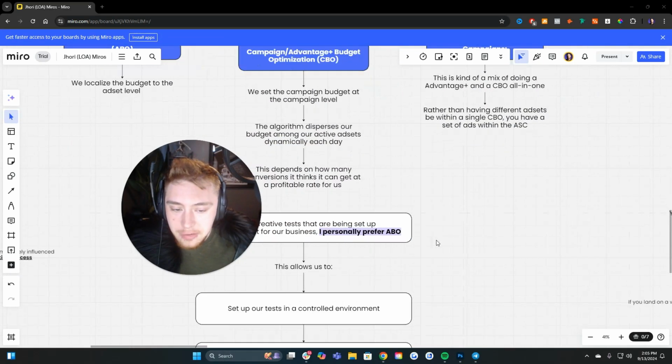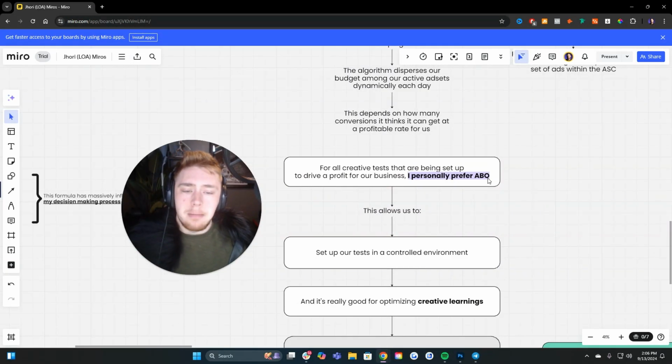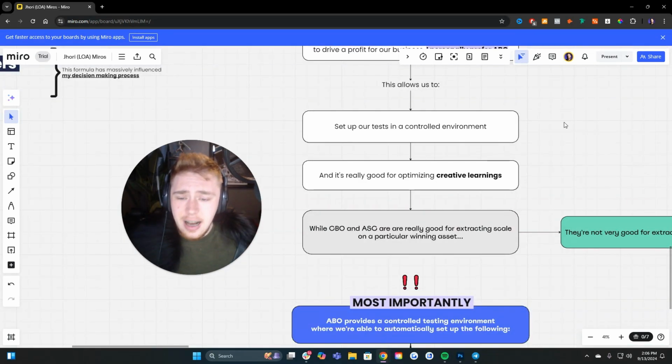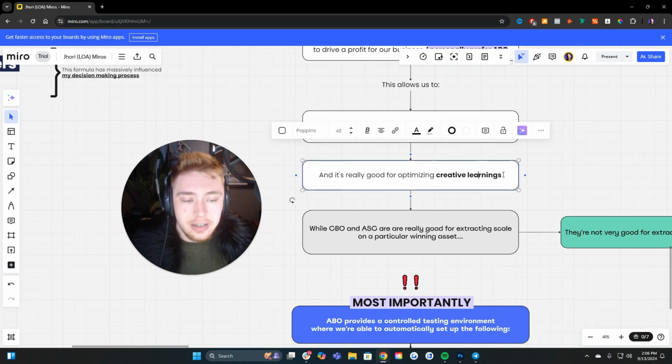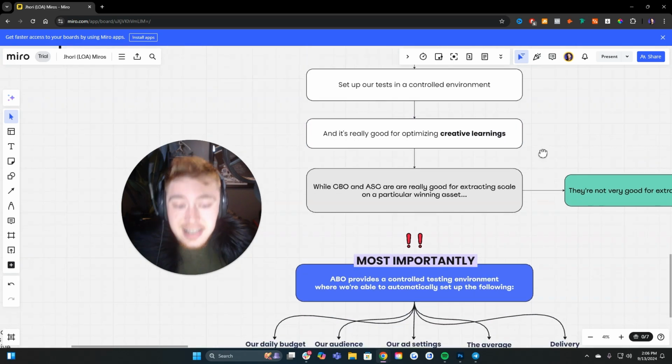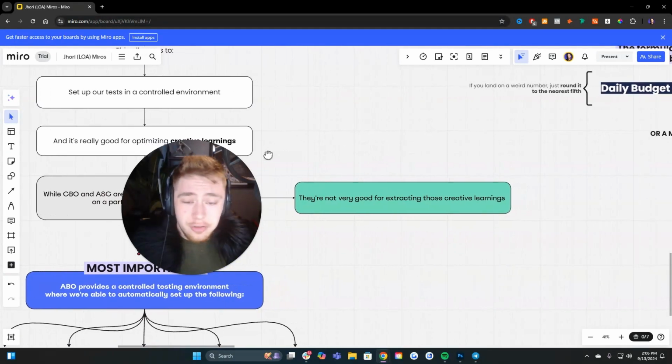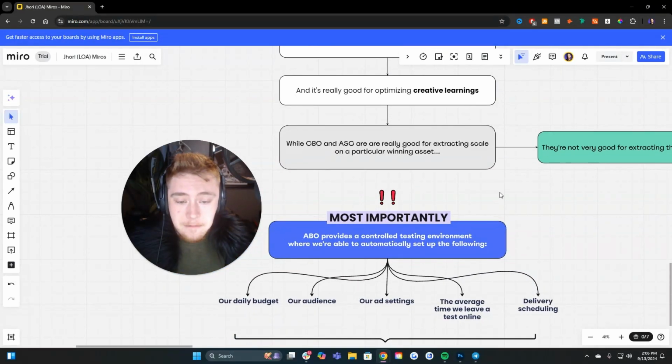Now, my personal preference is to use ABO, or ad set budget optimization, for creative testing. Why? Because we get to set up our creative tests in a controlled environment where it's really, really good at optimizing for creative learnings. CBO and ASC are excellent tools for extracting scale on a winning asset, but they're not very good for extracting creative learnings.